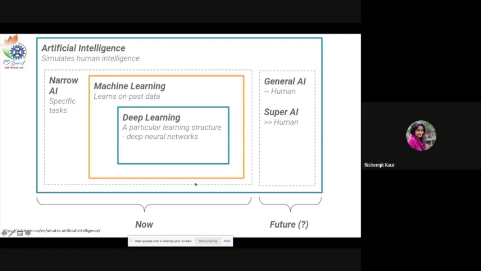And in the narrow AI itself, a part of it is what we call machine learning, which learns on past data. This is what we will be talking about today. Machine learning is a process by which a computer is able to perform specific tasks without using any explicit instructions. It tries to look into the statistical patterns found in the past data.